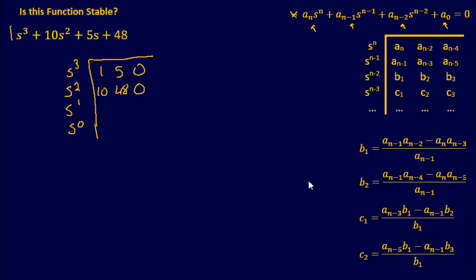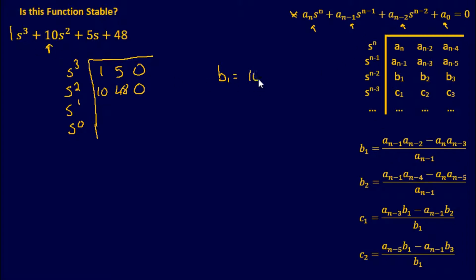Now, this is where these equations come in. The third row has b of a. So b of a, and again, this is in your FE handbook, so if you need these equations, they're in there. It's going to be this guy right here. We're going to start plugging and chugging. So a sub n minus 1 is going to be this guy right there.